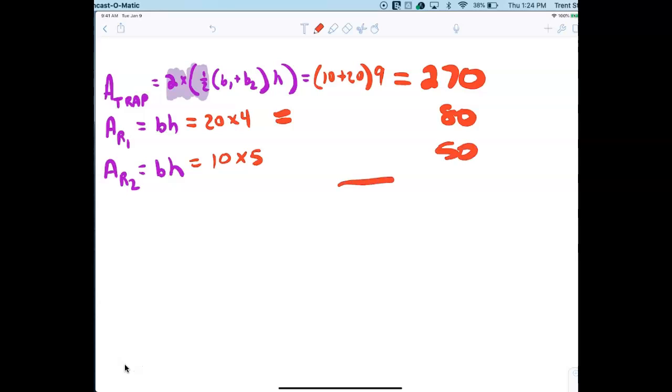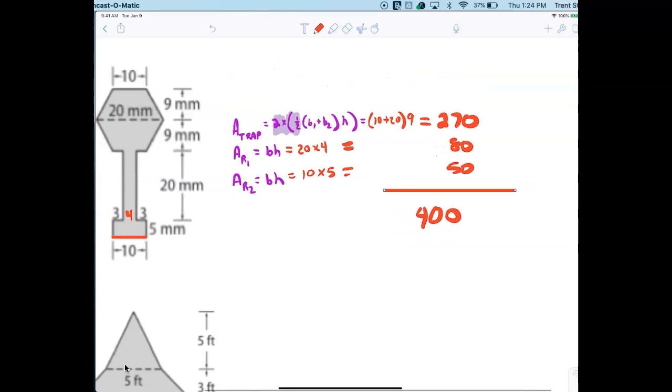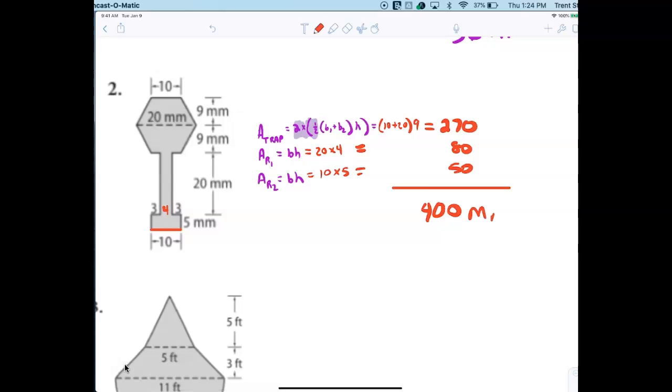Add that up. We don't need a calculator. You're doing good. 400. Now let's look at the units. 400 what? Millimeters. Yeah, 400 millimeters squared. I'm pretty happy with that.